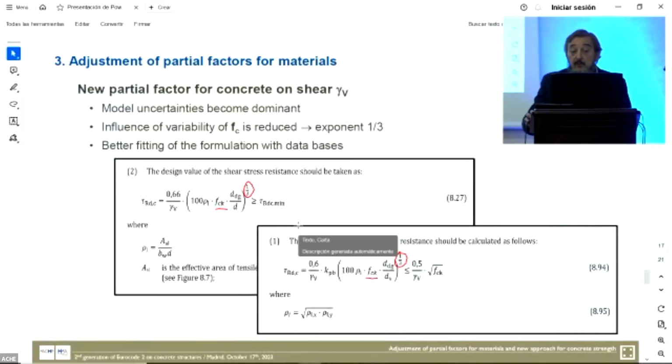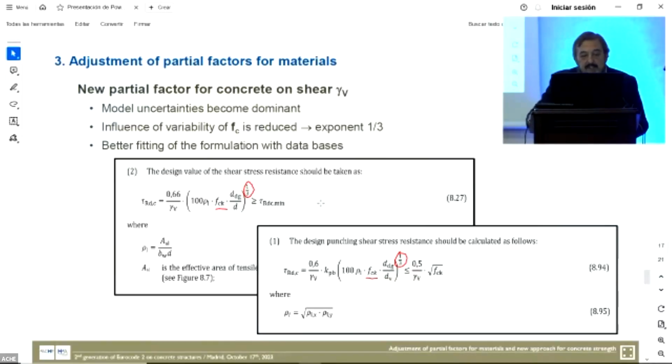New partial factor gamma V. It has been seen that model uncertainties become dominant, and then the influence of the strength is reduced because the exponent is 1/3. So a new value for gamma C to be applied here has been generated, and it's called gamma V, which fits very well with the databases.